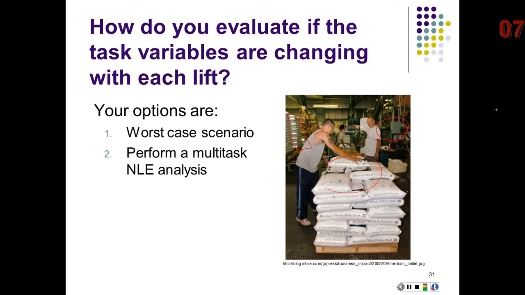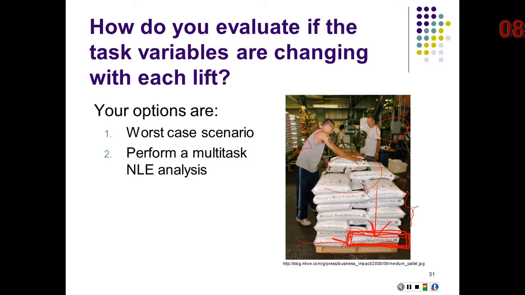If the hardest part of the task is okay, then the entire task should be okay. And so on unstacking the pallet, you would probably think that this bottom sack that is furthest away from the worker, that is the lowest he has to reach, that would probably be the worst case. And so this would be the one that you evaluate rather than trying to evaluate all of them. So that's one approach to the problem. Go with a worst case. It's either the highest, the lowest, or the furthest away.